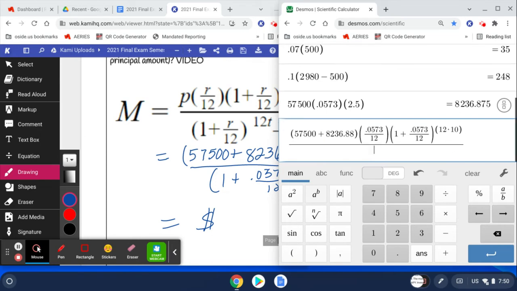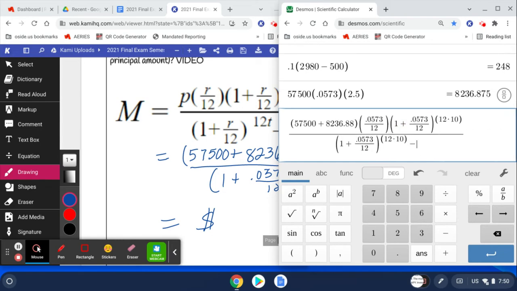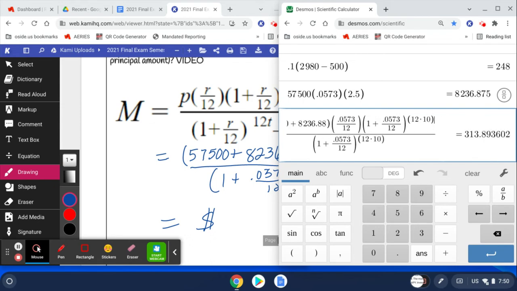And then that whole thing is over. Remember how I told you you could copy and paste to save yourself time, this whole back part? So Control C, Control V, -1. Don't forget that -1. Let me make sure that that's definitely downstairs.